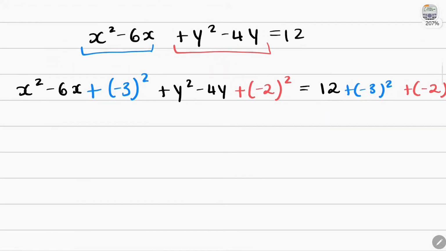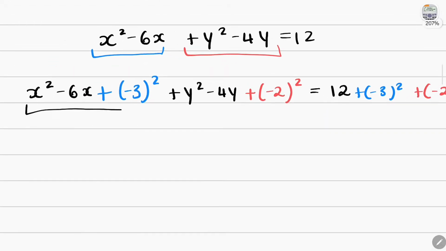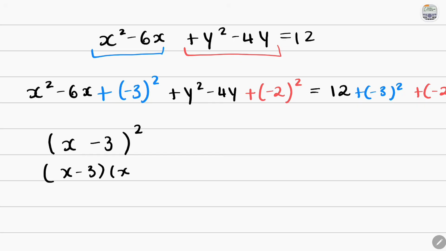Okay, and now we're just simplifying. If you expanded these, they'd become a trinomial and they would factorize like this. You open a bracket, and inside the bracket, whatever was squared, you put in here: that is the x and the minus 3, all squared, because it was going to factorize to x minus 3 times x minus 3.